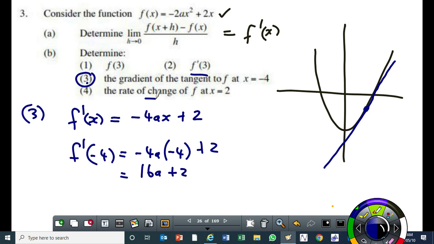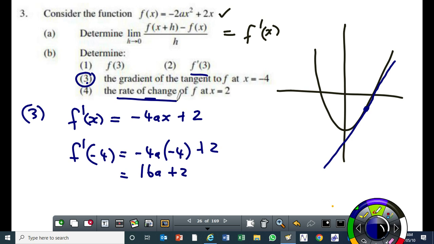Okay, rate of change is the same as gradient. So our expression for the gradient of this function is minus 4ax plus 2. We have been asked to determine the rate of change of f at x equal to 2, which is the same as the gradient of f at x equal to 2.